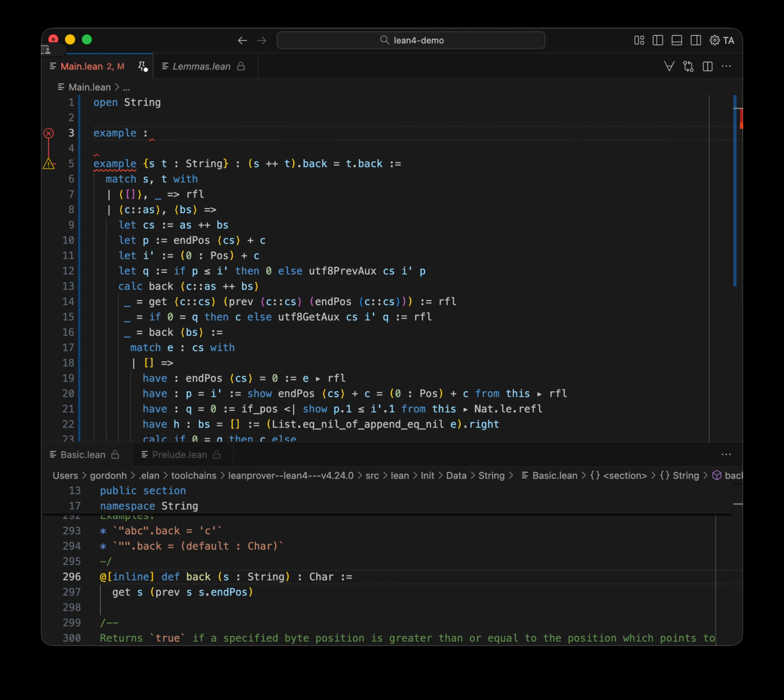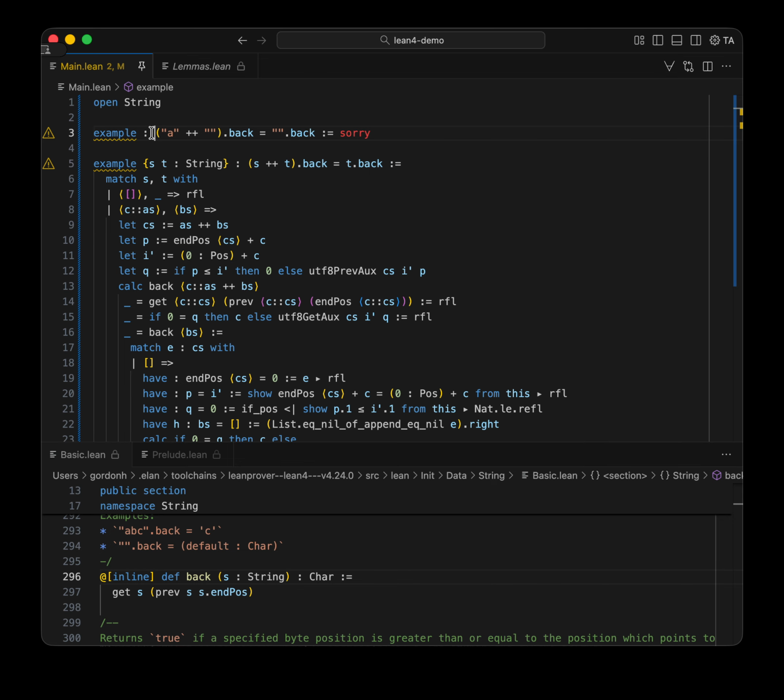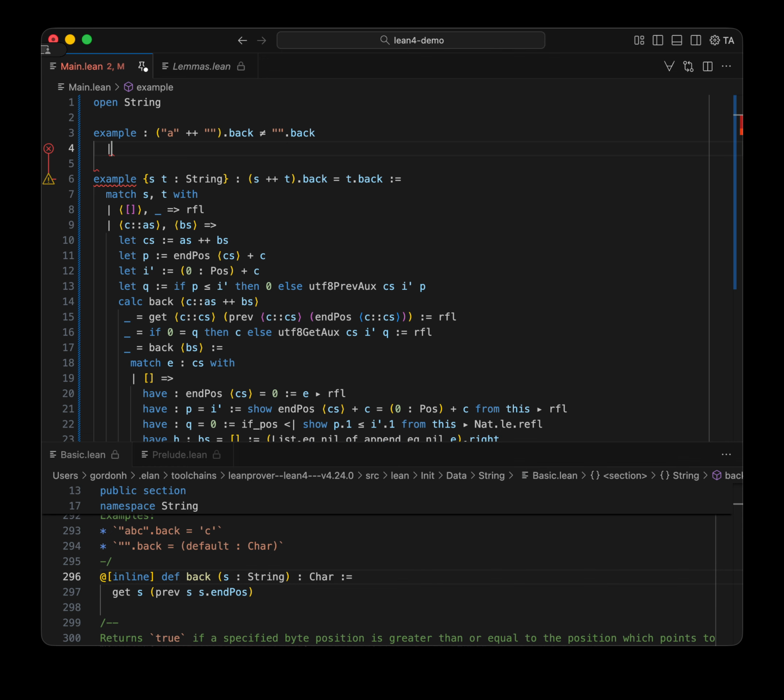The counterexample. Okay, lowercase a. This is clearly a counterexample. Man, this is false. What you should be proving is not equal. Okay, in Lean4, the not operator is actually just something implies false.